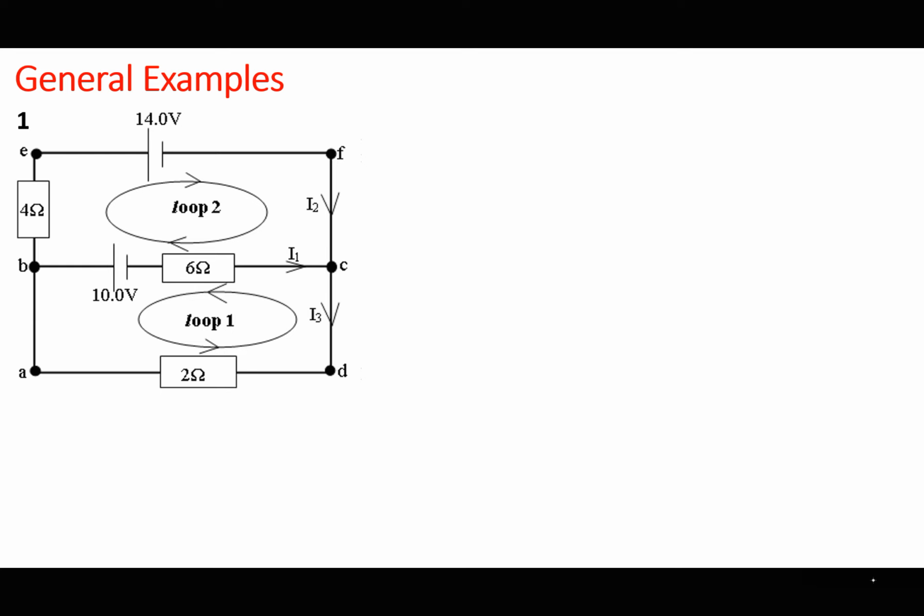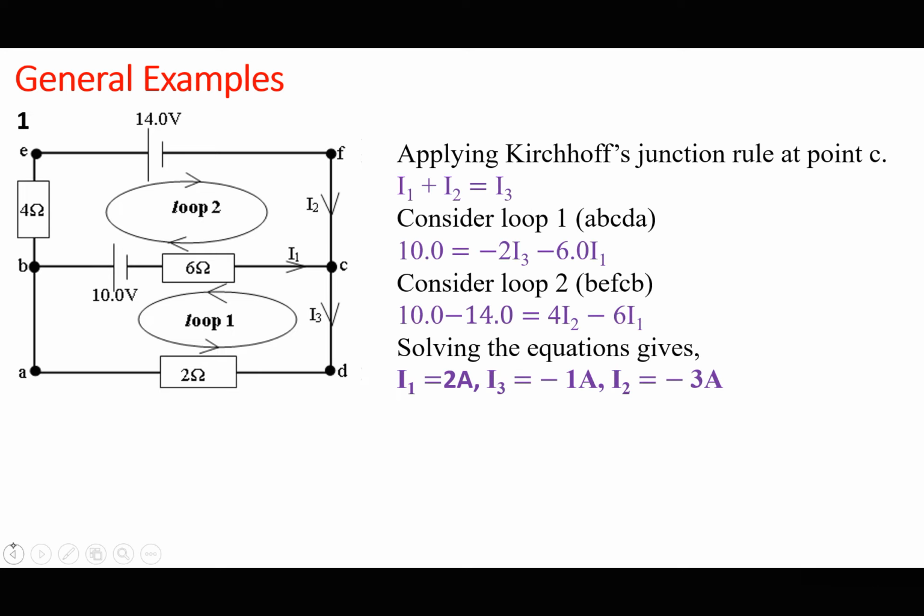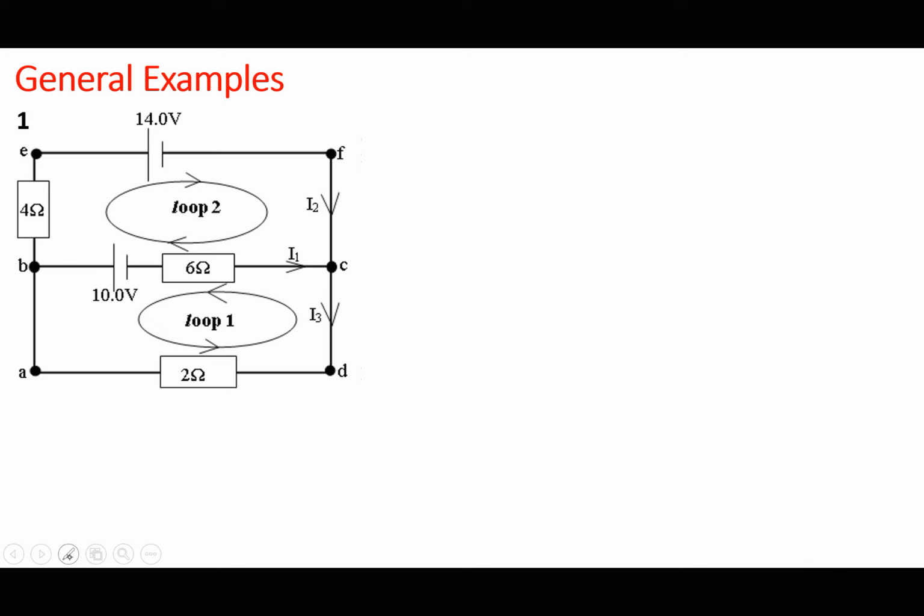For example, loop 1. For loop 1, we have to move from A to D to C to B back to A. That is the first loop.